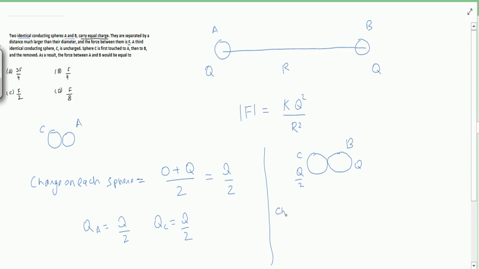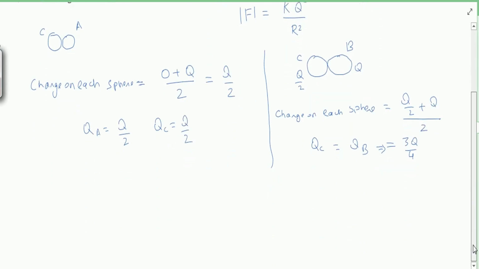So the charge on each sphere will be their average again, so it will be Q by 2 plus Q, divided by 2. It comes out to be 3Q by 4. So we can say QC equals QB, which equals 3Q by 4.